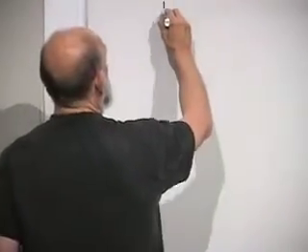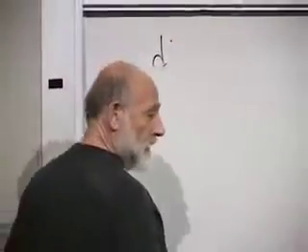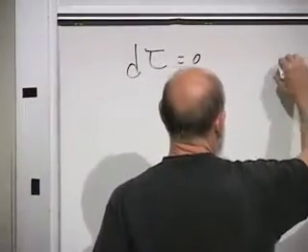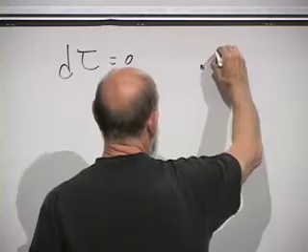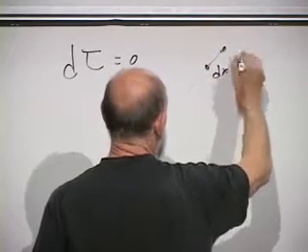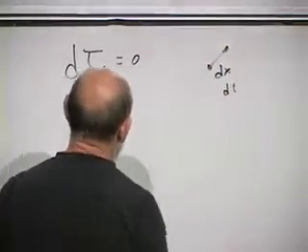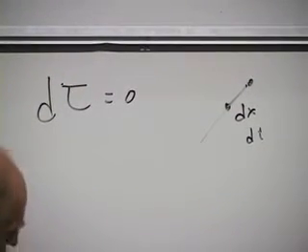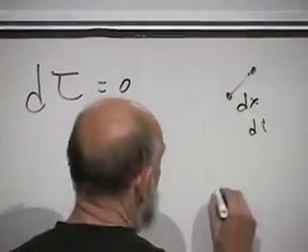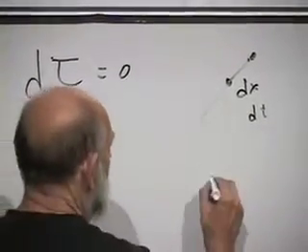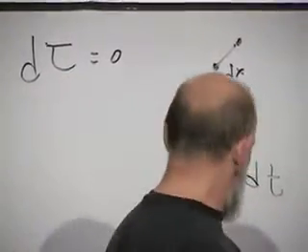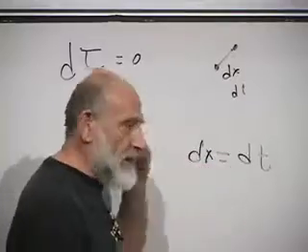In special relativity, light satisfies d tau equals 0. Along the interval of a light ray, dx, dy, dz, dt, and so forth, the proper time is 0. Why is it 0? Let's move along the x-axis. In units in which the speed of light is 1, dx will equal dt. If the speed of light is c, then it's dx equals c dt.